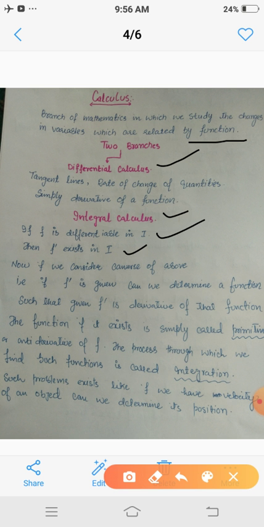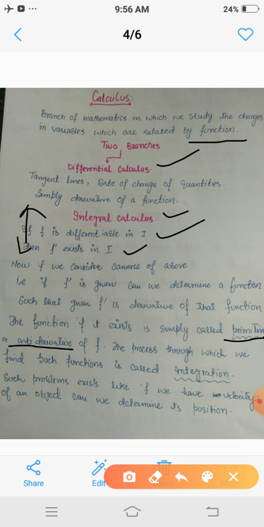Now if we consider the converse of this statement, that is, if f dash is given, the question arises, can we determine a function such that f dash is the derivative of that very function? If such a function exists, then that function is simply called the primitive, antiderivative, or simply the indefinite integral of a given function.